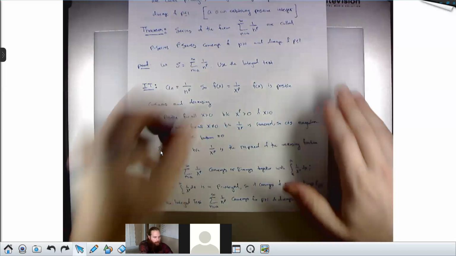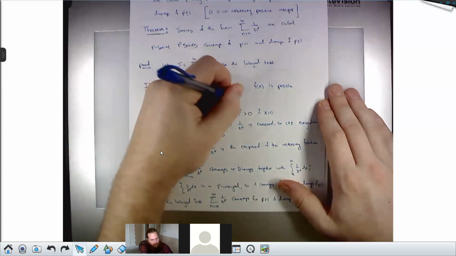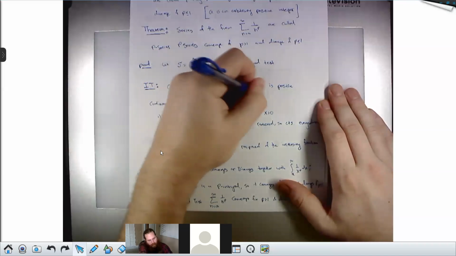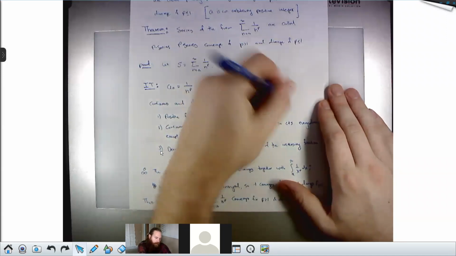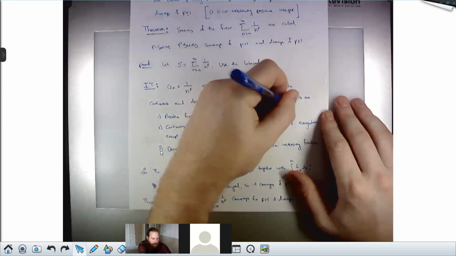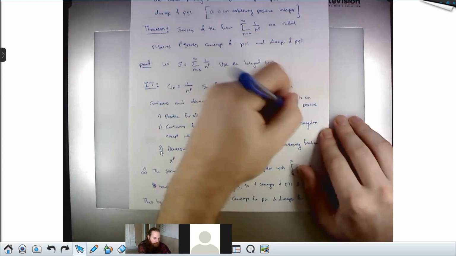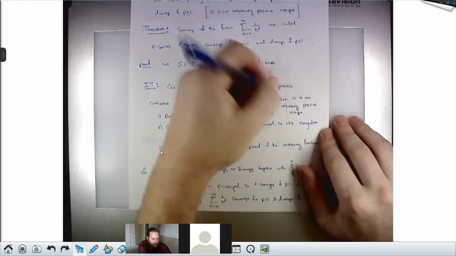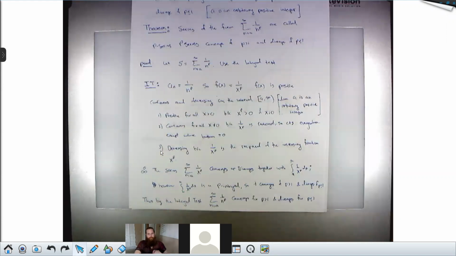So in other words, I'm checking here that we are positive, continuous, and decreasing on the interval a to infinity, where a is an arbitrary positive integer. As long as these things are true on this interval, then the integral test will work.